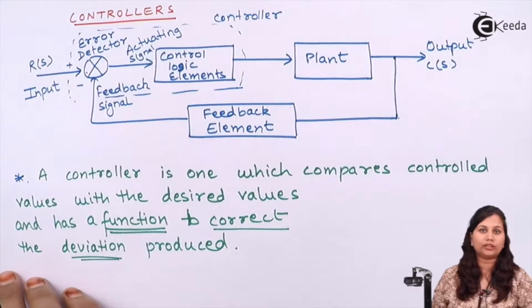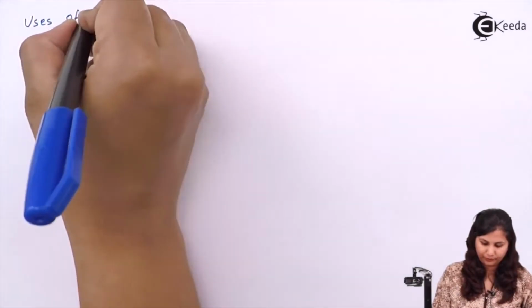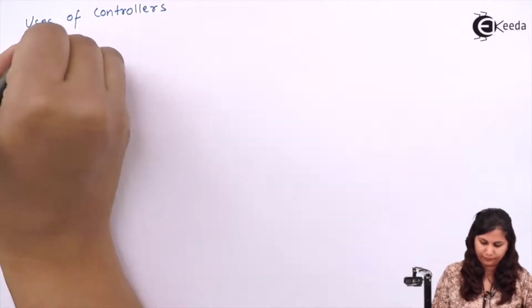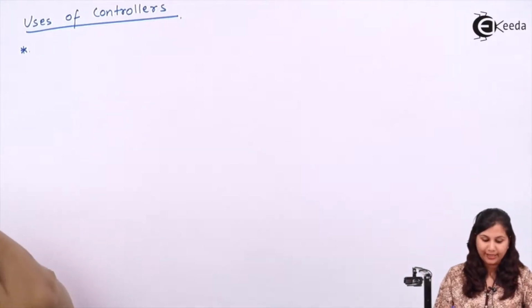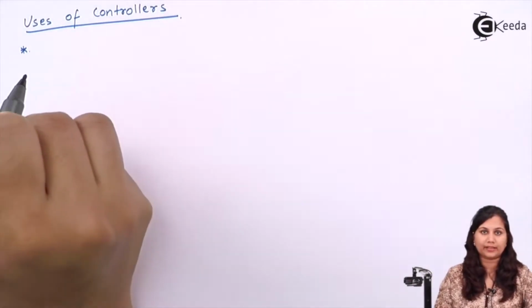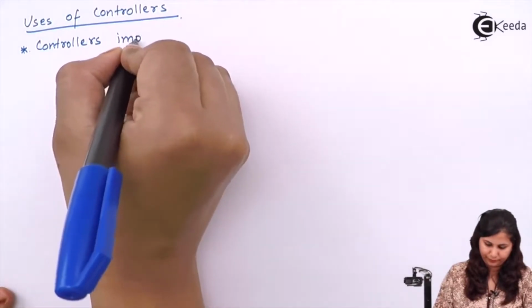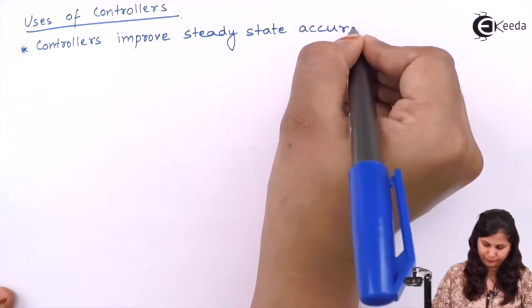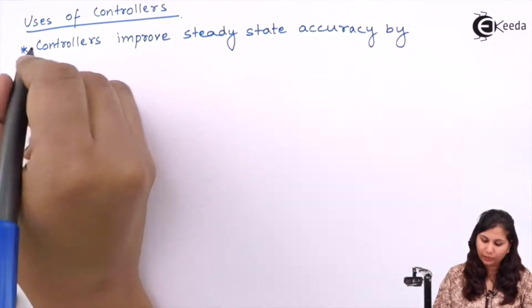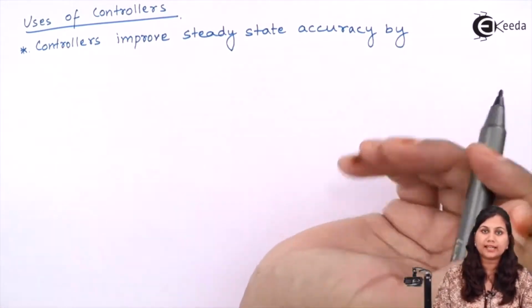Now let us see what the uses of controllers are. The first use of a controller is that it improves steady state accuracy, and they can improve the steady state accuracy by reducing the steady state error.